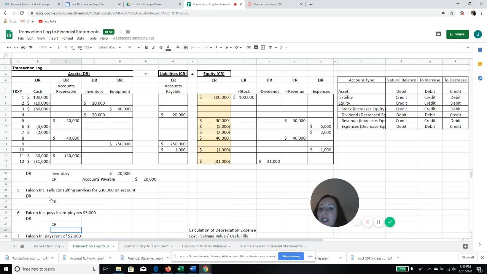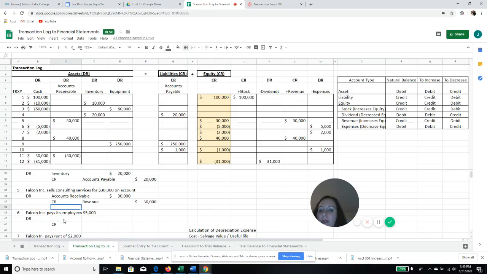In transaction number 5, we increased accounts receivable. Accounts receivable is an asset, so we will increase it with a debit. That's going to be $30,000. And then we also increased revenue. Looking at our chart, we increase revenue with a credit. So I'm going to credit revenue for $30,000.